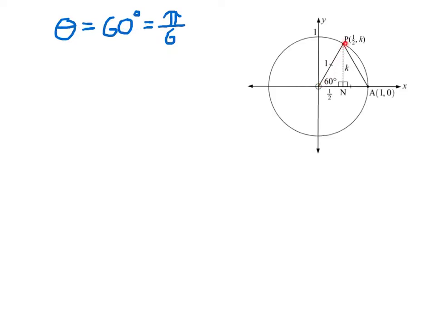If we draw a point that corresponds to an angle of 60 degrees, we know that it has a radius of 1. We also know that the distance from the origin to point A is 1. Therefore, this is an isosceles triangle. But this isosceles triangle has an angle of 60, which means that the other two angles over here also have to be 60.